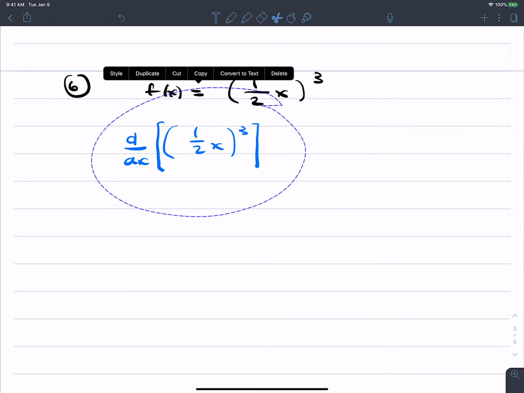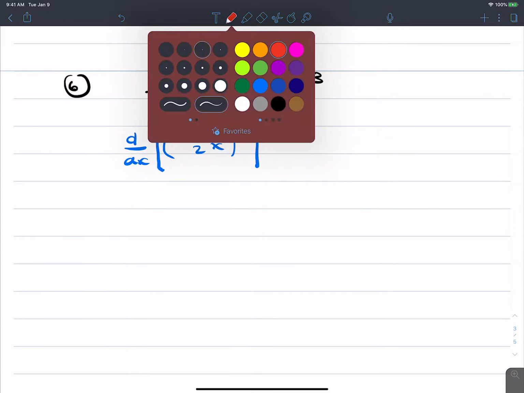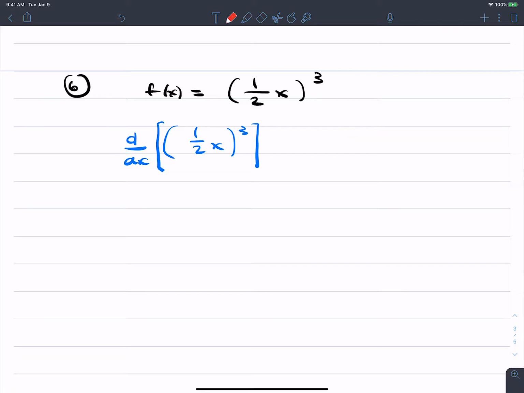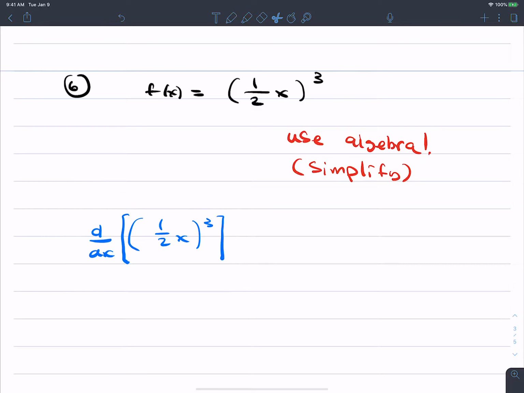But what I want to remark to you about here is, in some of these questions that look difficult to do, the idea is to use algebra first, right? Use algebra to simplify. And that's the idea. Okay?